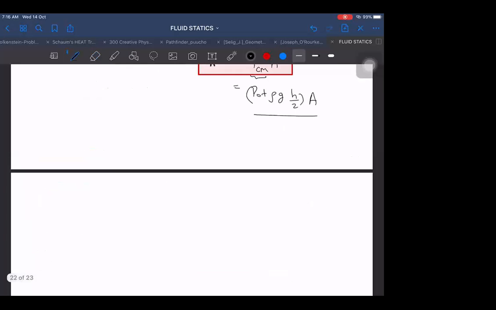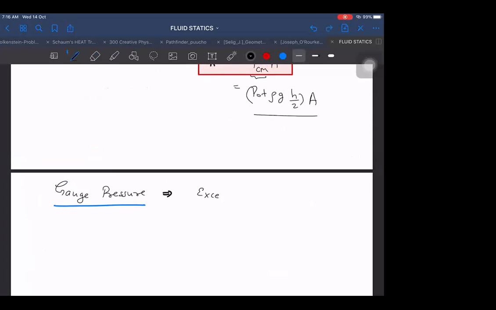is gauge pressure. Let me write down gauge pressure. Gauge pressure is just the excess pressure over and above atmospheric pressure.